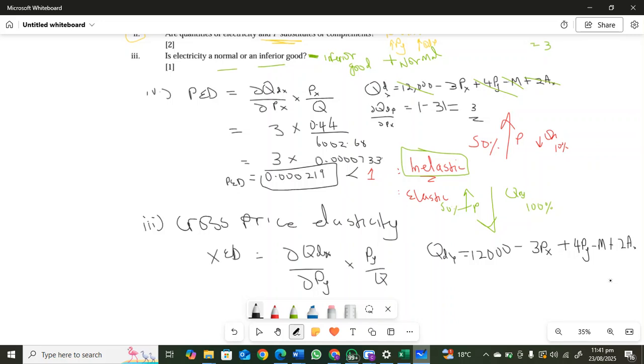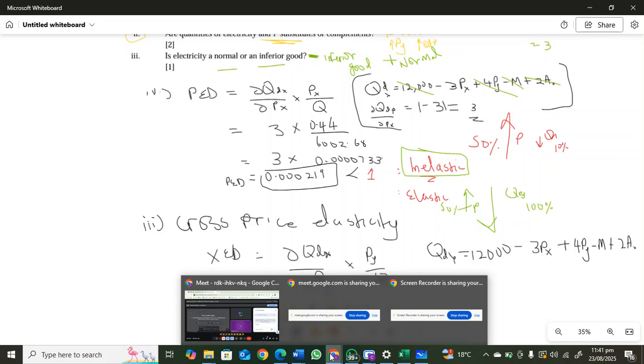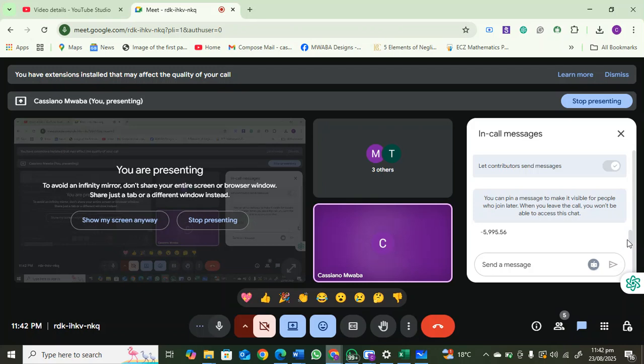Has anyone derived? Look at this example here. When we're deriving with respect to Px, now apply it here when you're deriving with respect to Py. Yes, Mr. Himonde. What value are you getting? And let's see who else is on the call.